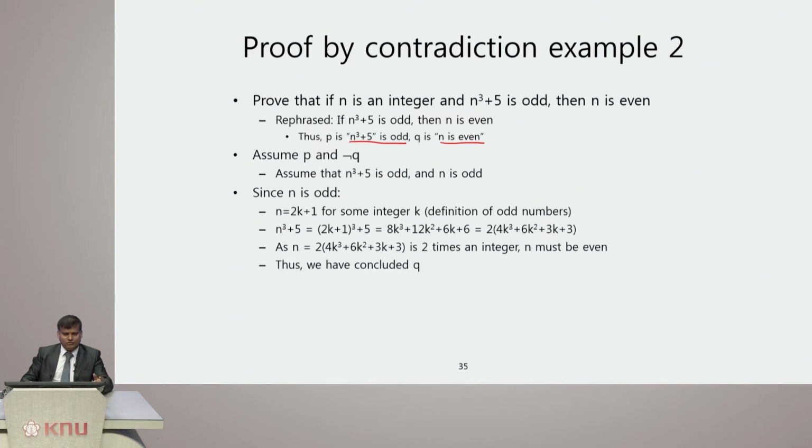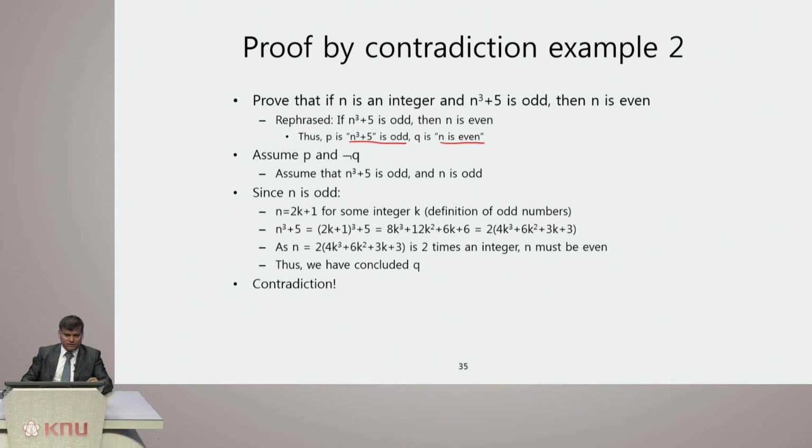So thus we have concluded that we got Q. So this is a contradiction. We are supposed to get negation of Q, and we got Q, which is a contradiction. It contradicts the idea behind the actual assumption, right?